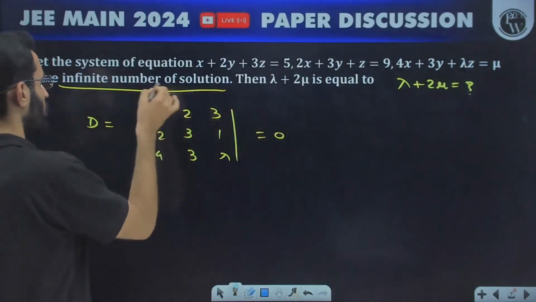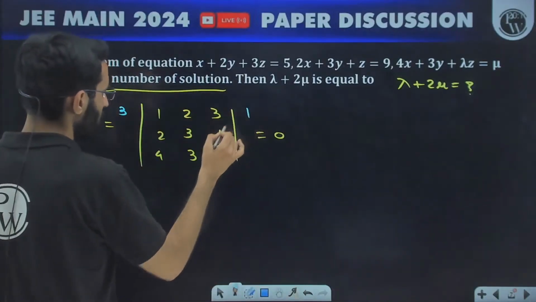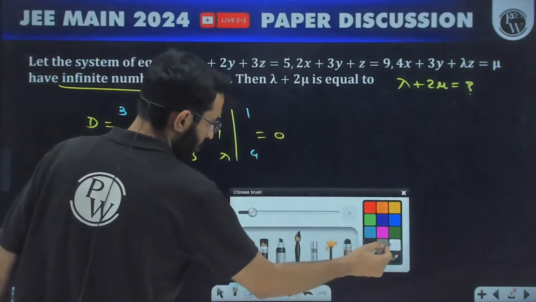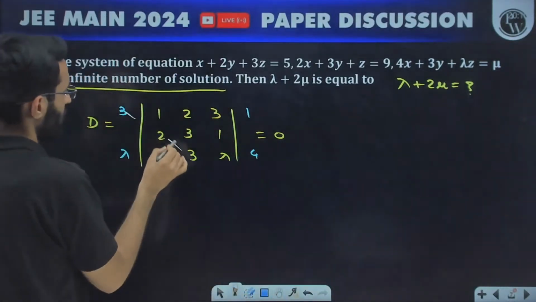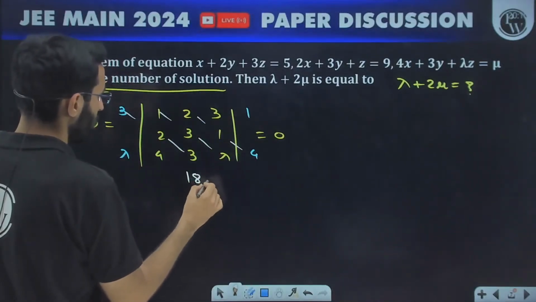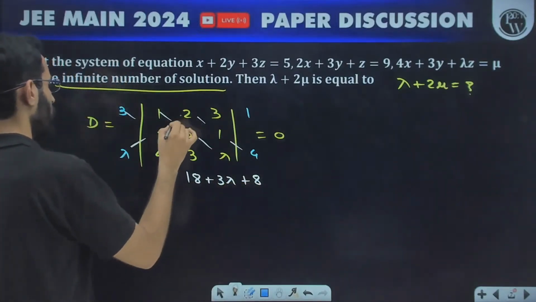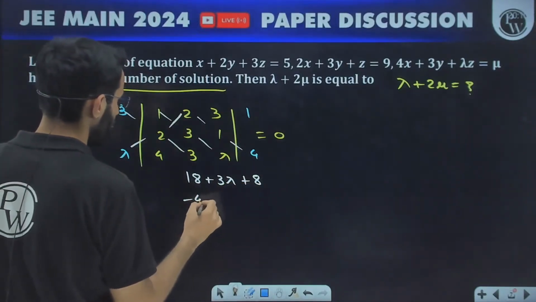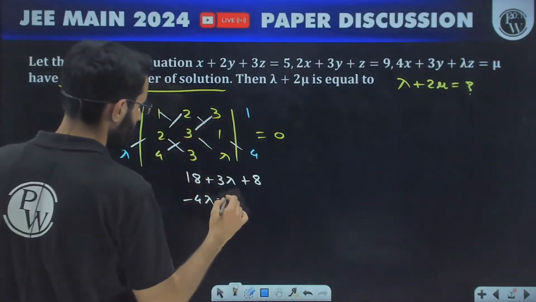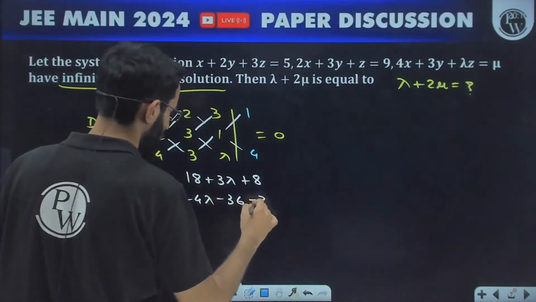So you know this shortcut, we can keep this 3 over here, we can keep this 1 over here, we can keep this lambda over here. If I simplify from here, this will be 3 3s are 9, 9 2s are 18, plus 3 lambda, plus 4 2s are 8. Now here, 2 2s are 4 lambda, minus 4 lambda. 3 3s are 9, 4 3s are 12, 12 3s are 36, minus 36, and 3 1s are 3.